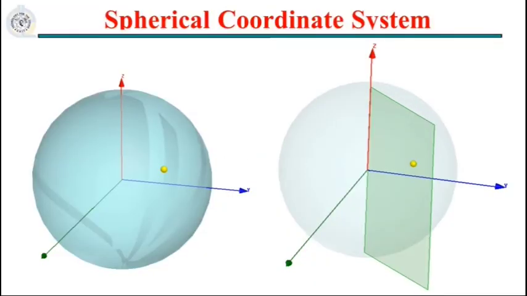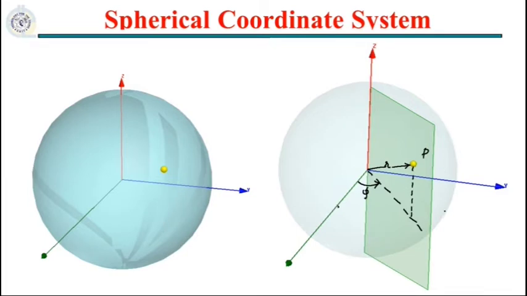I know that the point P is at this radius from the origin, and if I draw this dotted line onto the xy plane, I am on the constant phi plane. This constant phi plane I can extend from the origin. This makes an angle phi from the reference x-axis, isn't it?